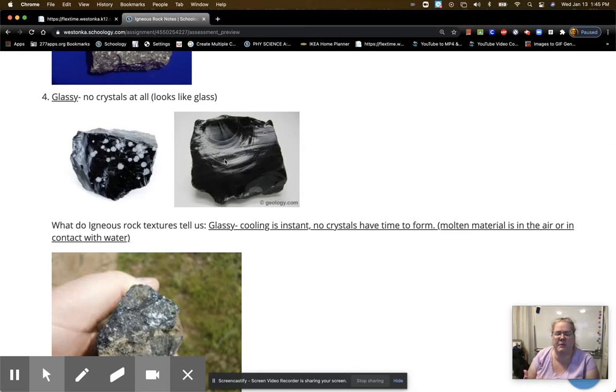It's either magma thrown into the air and instantly cools, or it's extruded underwater and it comes in contact and instantly cools. There is no time for any crystals to form, and we end up with glass. So this is actually called obsidian. And snowflake obsidian is simply really old volcanic glass that is starting to kind of, think of it as rotting away. It's chemically changing a little bit, and then you get this kind of white flakes that happen on it.